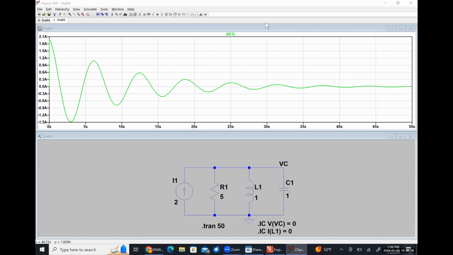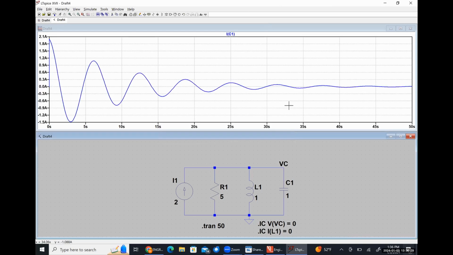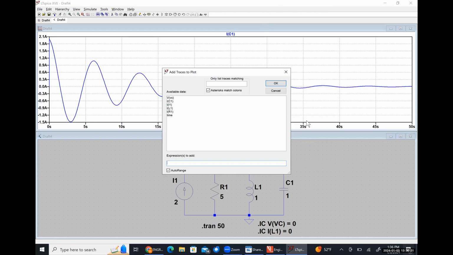All right, so I am going to change the color of this, and it's not going to be obvious, but I'm going to intentionally make a mistake. So I'm going to add my traces.